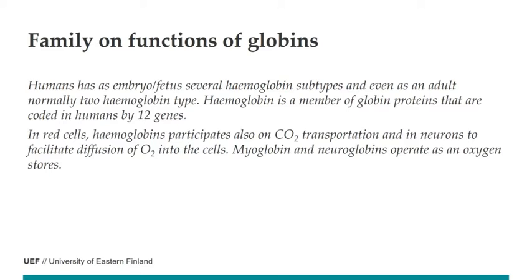And then, as we have learned with the skeletal muscles, we have myoglobin, but we also have neuroglobin. And they are both for oxygen storage. So you can survive also a short period without any oxygen.